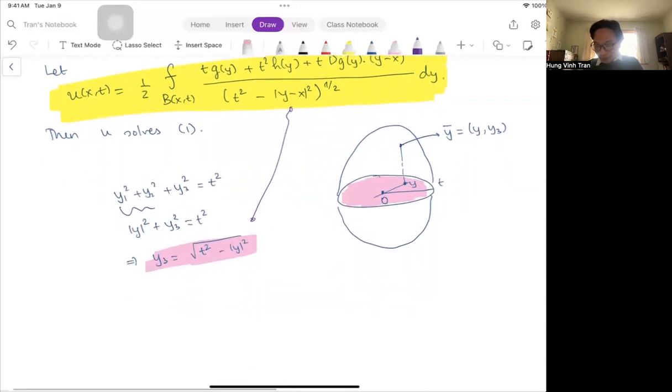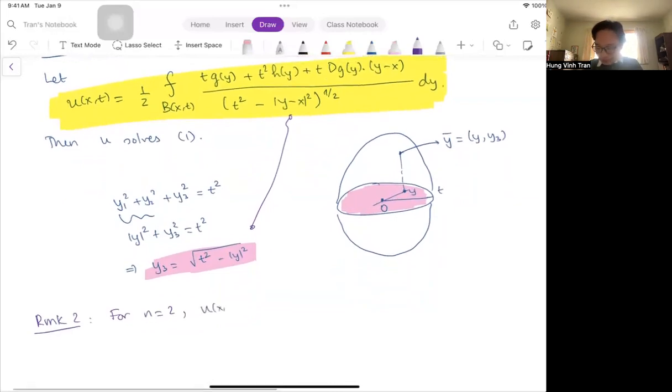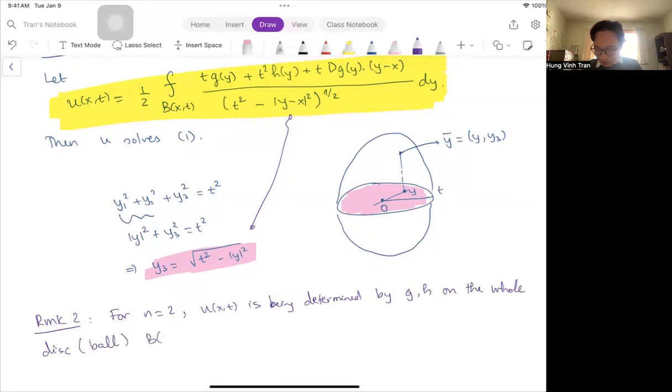But in the second formula, remark 2, is that for dimension 2, or even dimension in general, u(x,t) is determined by the values of g and h, not just on the sphere, but on the whole ball, the whole disk, the whole ball B(x,t).